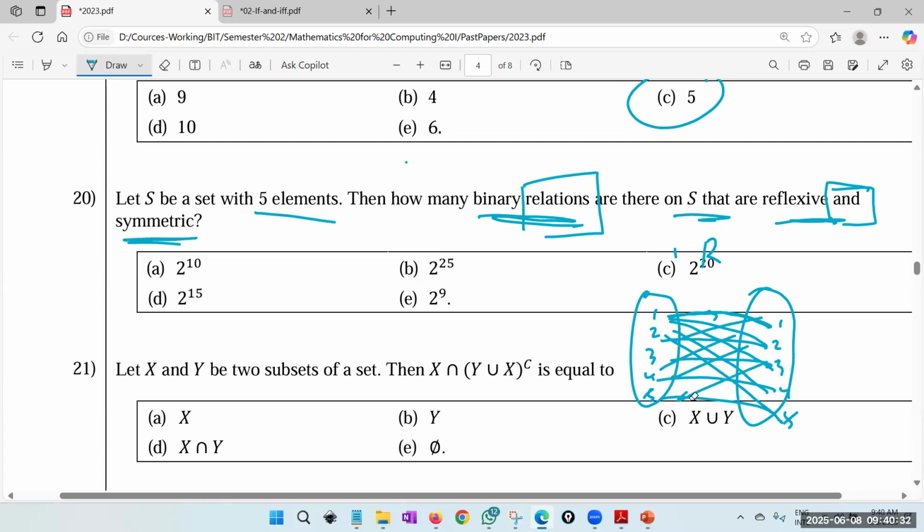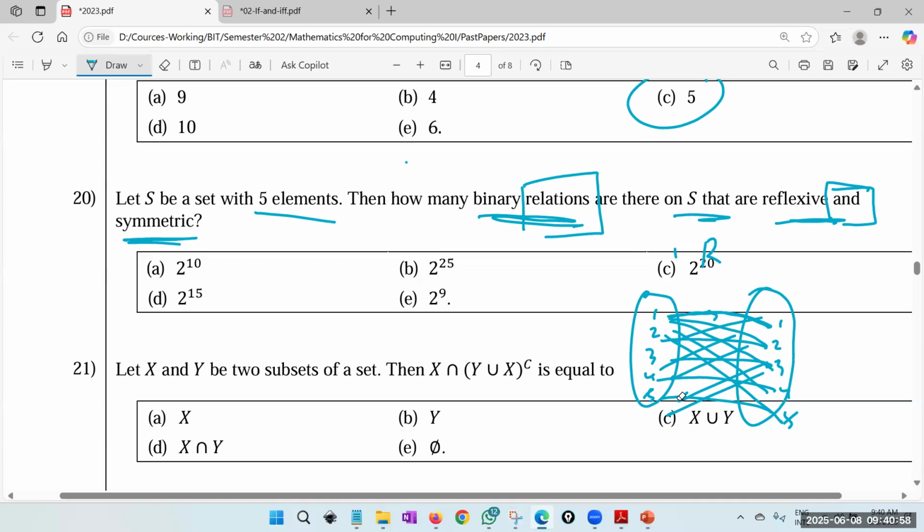All possibilities: 1 to 2, 1 to 3, 1 to 4, 1 to 5, then 2 to 1. It's like how many ways we can connect. I don't know, that is my gut feeling. I'm not very sure about that one.